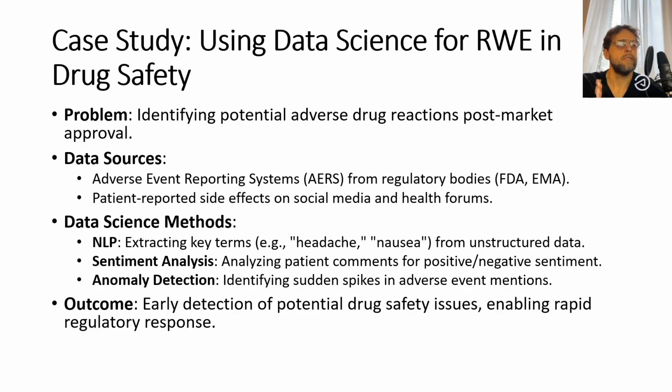And we will proceed with natural language processing to extract key terms like, for example, headache or nausea from unstructured data, sentiment analysis to analyze patient comments for positive or negative sentiment, and we will need anomaly detection here to identify sudden spikes in adverse events mentioned.